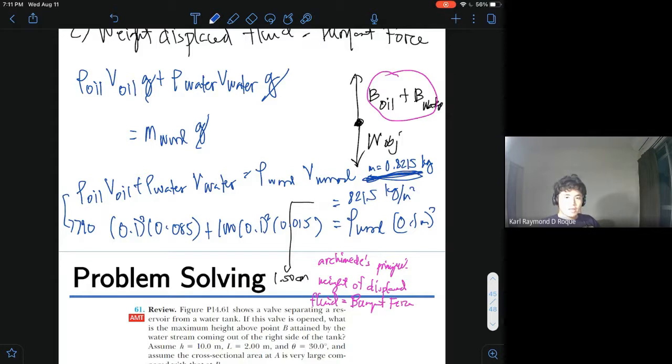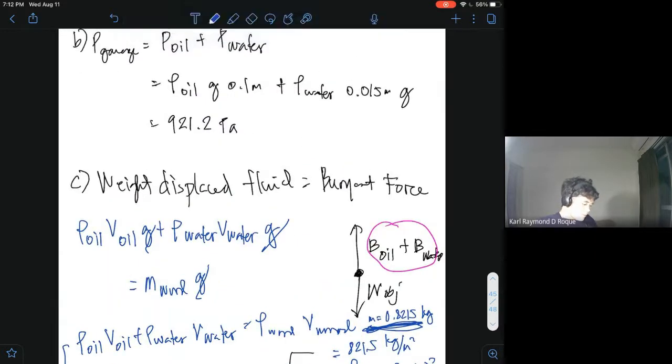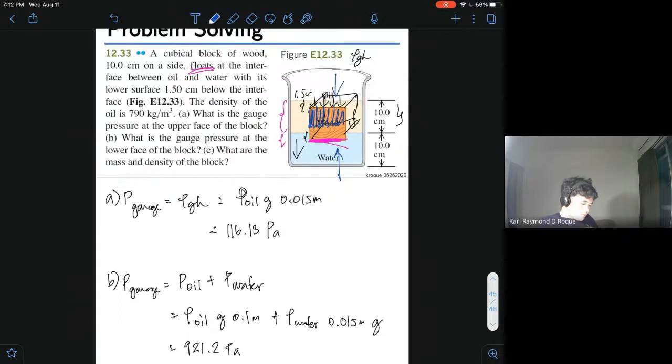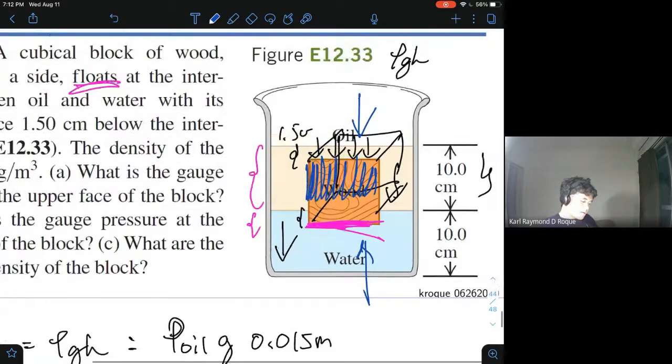Bakit po pataas yung B oil? Kasi, 'di ba, ang buoyant force always acts opposite kung nasaan yung object.